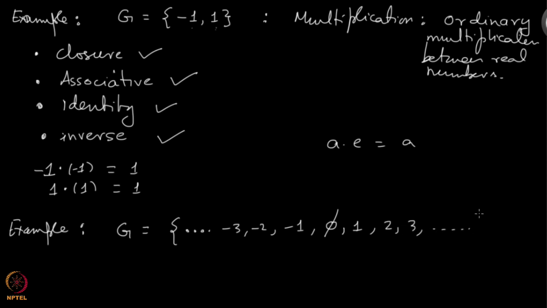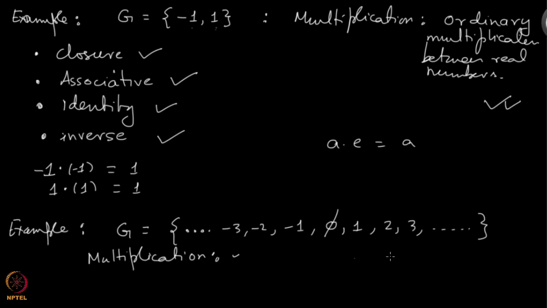Okay, all other positive integers as well. And I should tell what multiplication I am looking at. And multiplication is same as before. I am talking about ordinary multiplication between real numbers. Okay, the same thing as here.